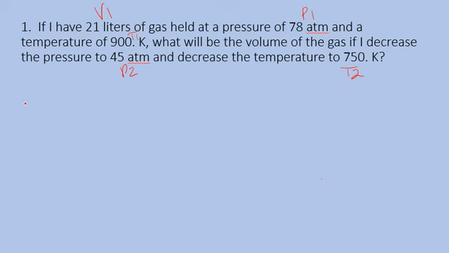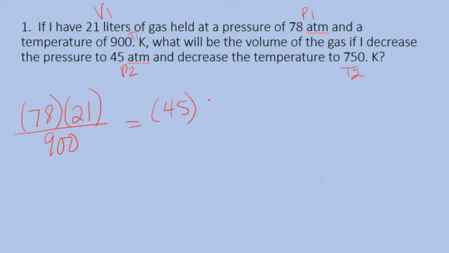My first pressure is 78 and my first volume is 21 over the first temperature, which is 900, equals the second pressure, 45. I'm going to solve for V2. That's my X in the problem. And on the bottom, I have 750.